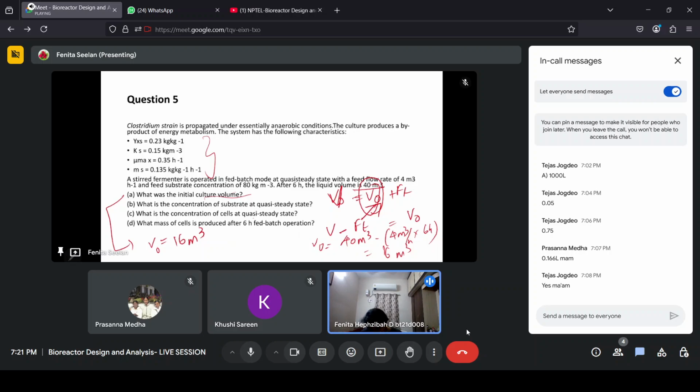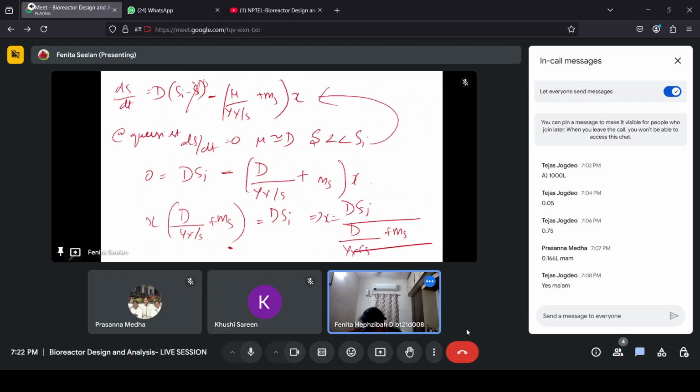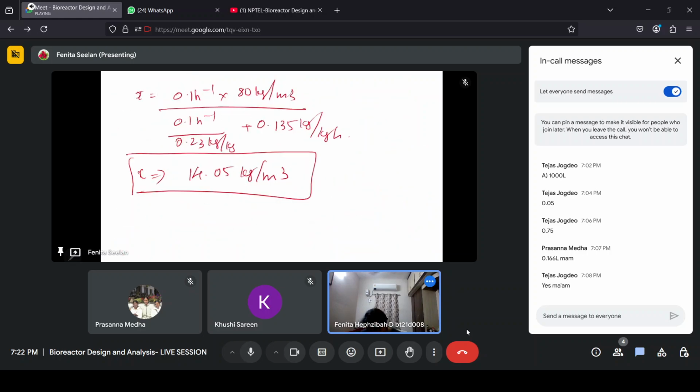So now we are asked what mass of cell is produced after 6 hours of fed batch operation. So we need to calculate the mass. We know that Xt is equal to X into V, 14.05 kg per m³ into 40 m³ is the volume.